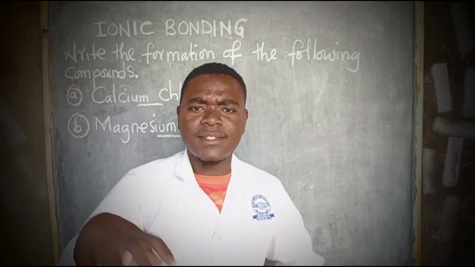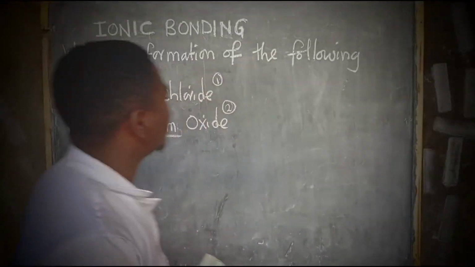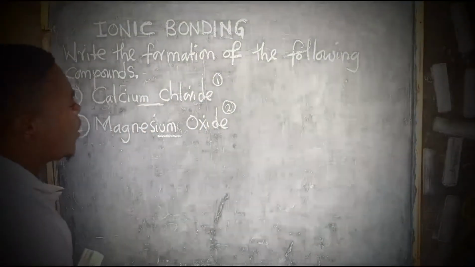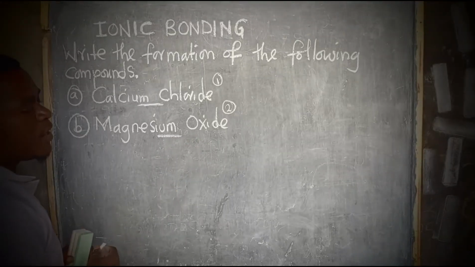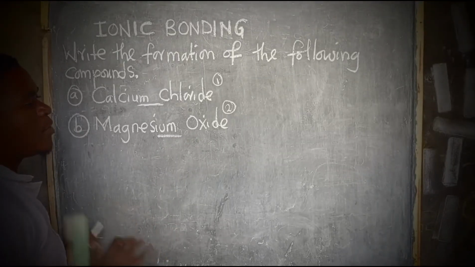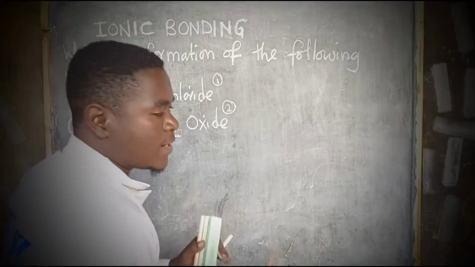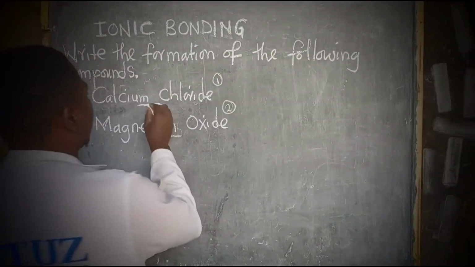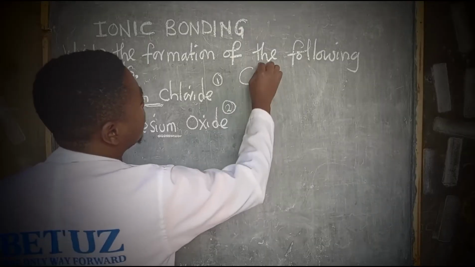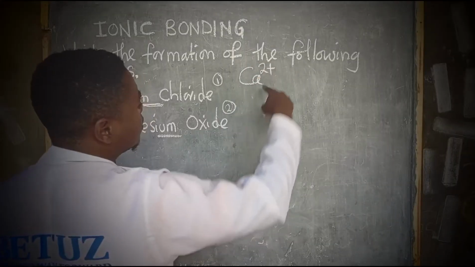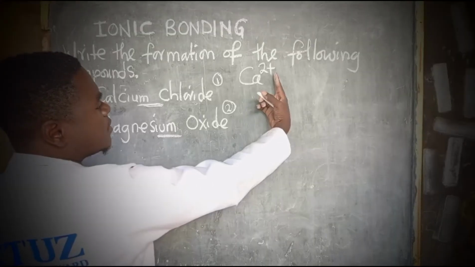These are the questions I'm given. I need to know how to come up with correct chemical formulas. This is calcium. Calcium is from group 2 of the periodic table, meaning the valence is 2.